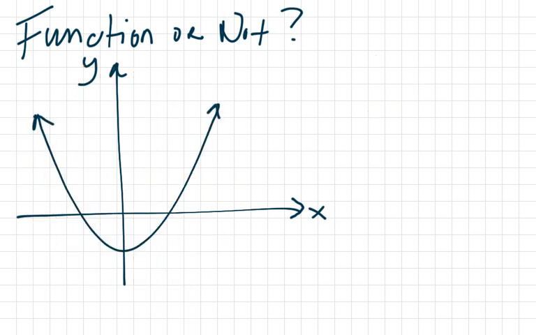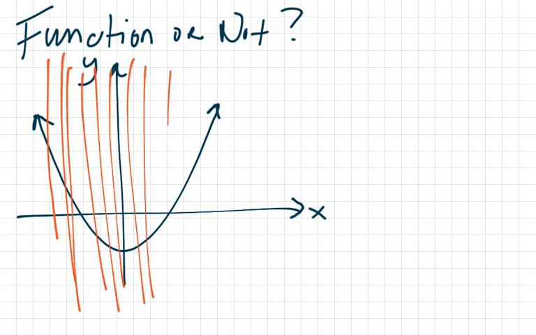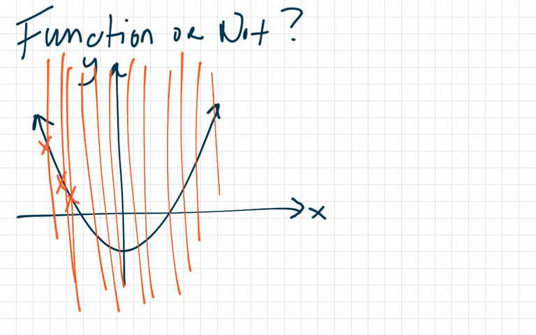This next one, does it represent a function or not? Again, by the vertical line test, barring these arrows on the end, if I drag a vertical line all the way across that function that's drawn there, I see that each of these hits the vertical lines only once. Therefore, yes, this is a function.